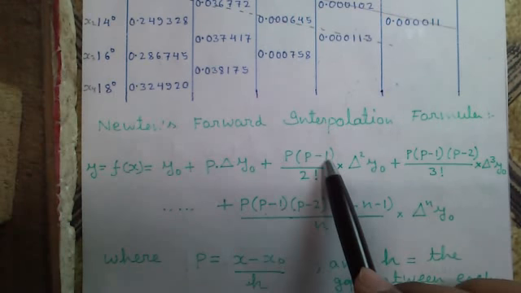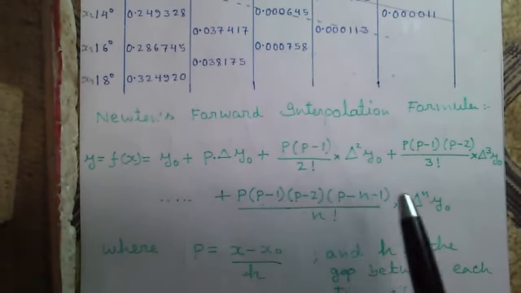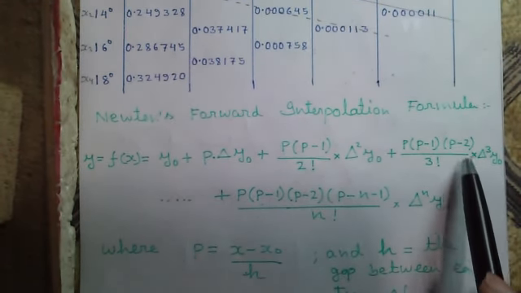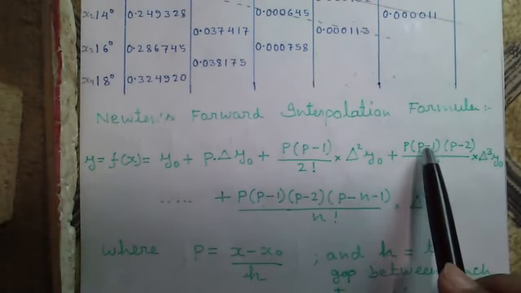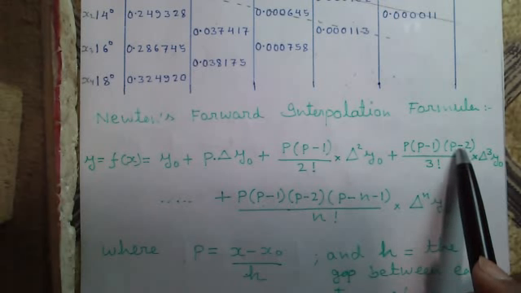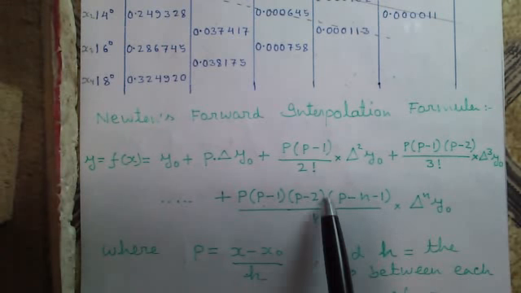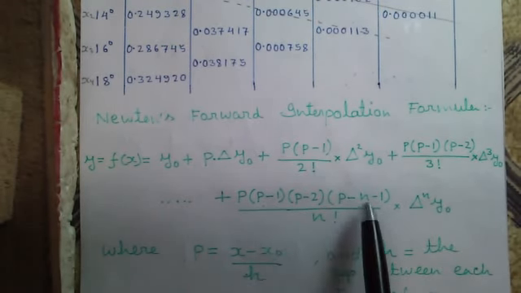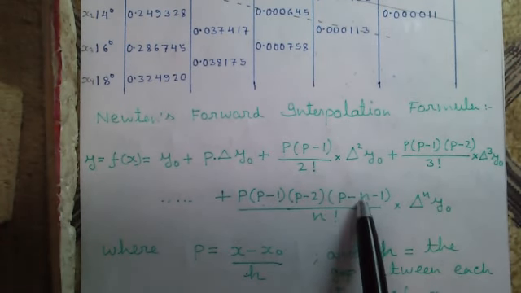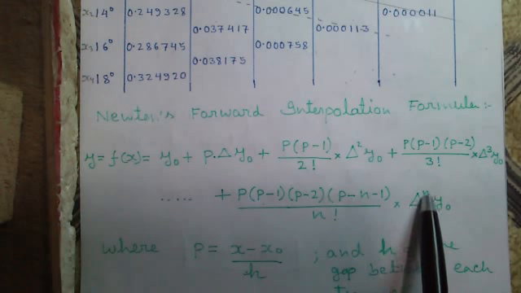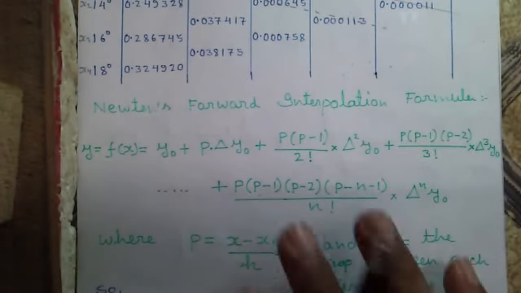So for the third term it will be factorial 3, cube power and p minus 2. For the next it will be p minus 3, factorial of 4, and del 4 y0. I will explain the concept in the next page.